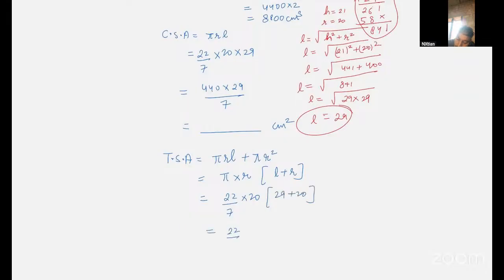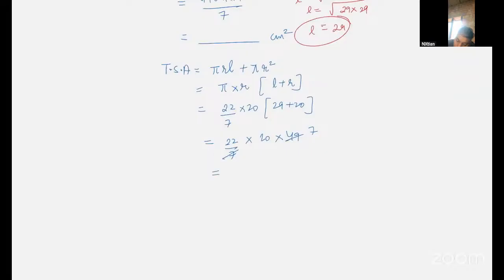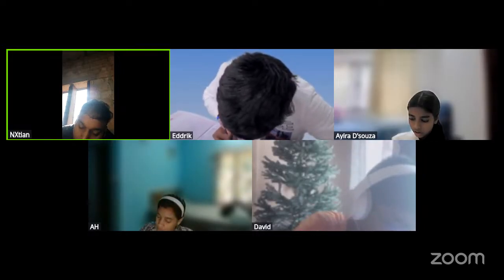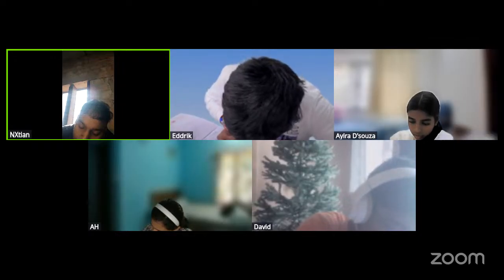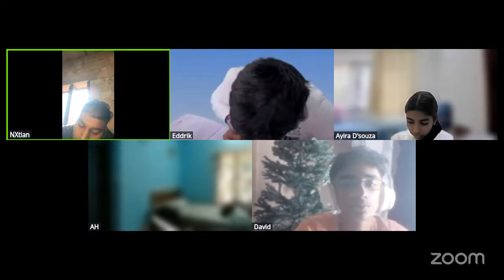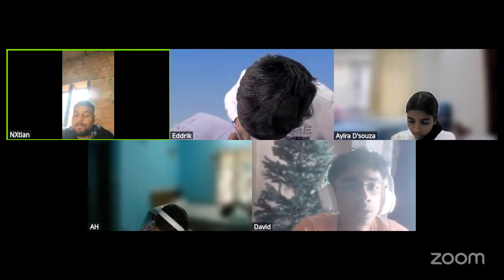So 22 by 7 into 20 into 49. This and this will cut. 7 is cut, no? So 22 into 140. So now you will get the answer around 3080 centimeters square. This is the answer.